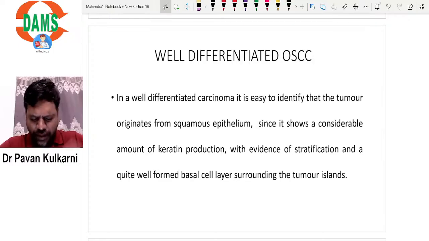Basic point I want you to understand: don't get confused by so many things, such a big paragraph. It is very simple to understand. Now, understand the basic function of a normal epithelium.